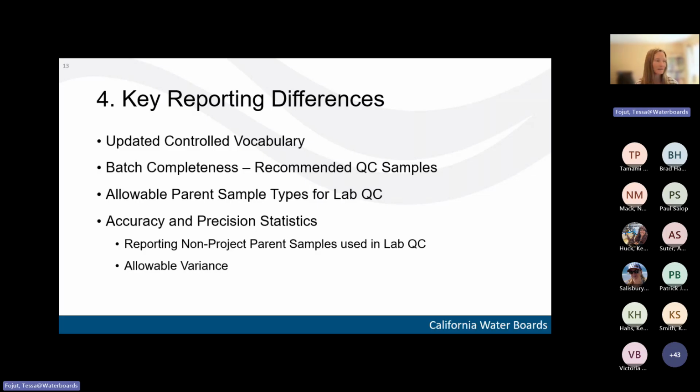I gave a whole presentation in detail on this to our ELAP Technical Advisory Committee, and we're developing a guidance document that details these things more, which we'll share probably in the next couple of weeks. So I don't want to spend too much time on this right now, but I wanted to highlight that these are big things that labs will need to consider, and other data submitters as well.